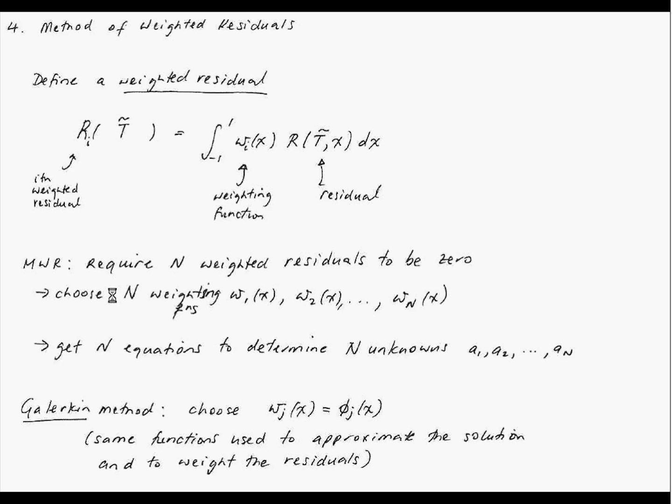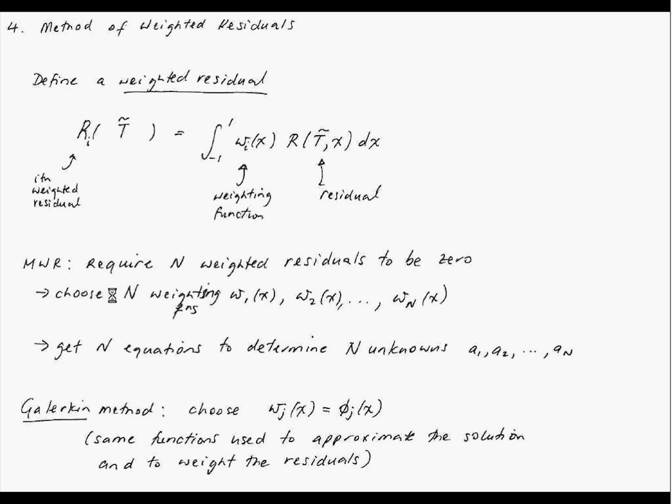It's going to be a function of the approximate solution T tilde, but not a function of x, because we're going to integrate things out over x. So we're going to define it as the integral over the domain. And again, the domain in our simple problem is just x from -1 to 1. We're going to take a weighting function, which we'll write as w_i.